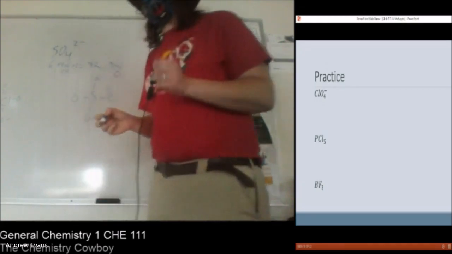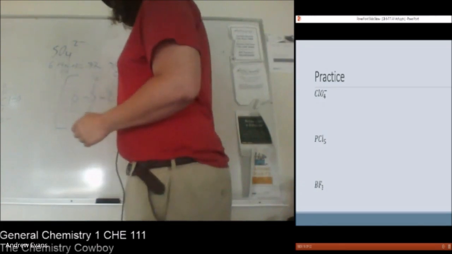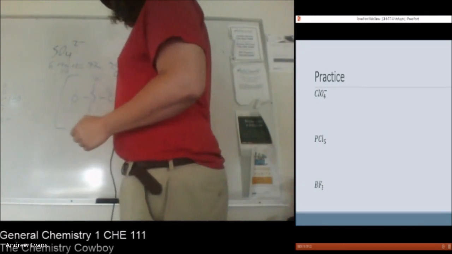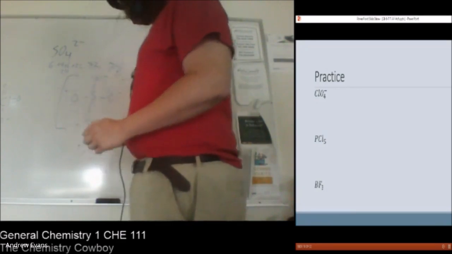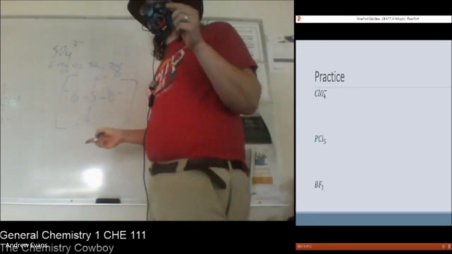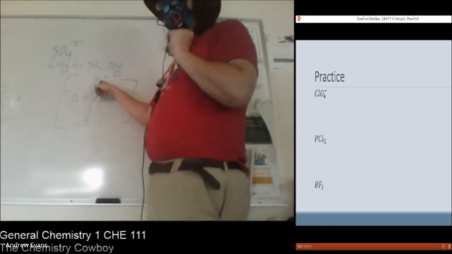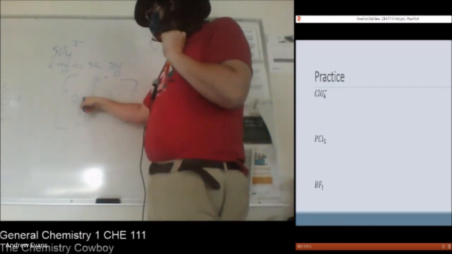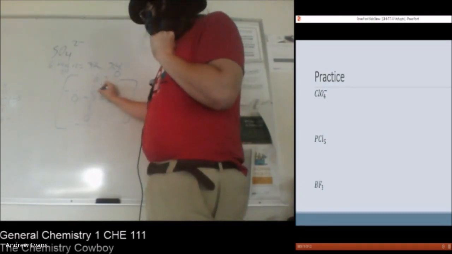Now, if we're comparing this guy to perchlorate, once again, each oxygen has a formal charge. Sulfur should have 6 electrons around it to have 0 formal charge. It has 1, 2, 3, 4. So it has a formal charge of 2+.